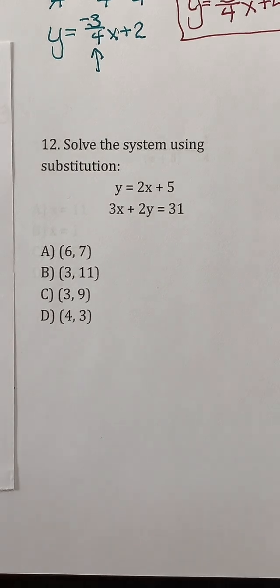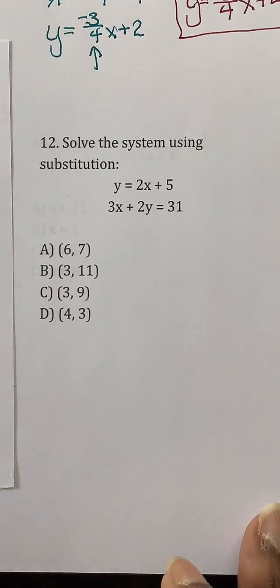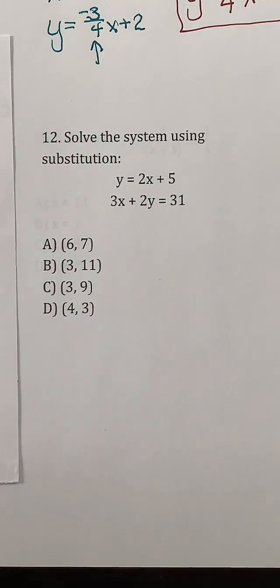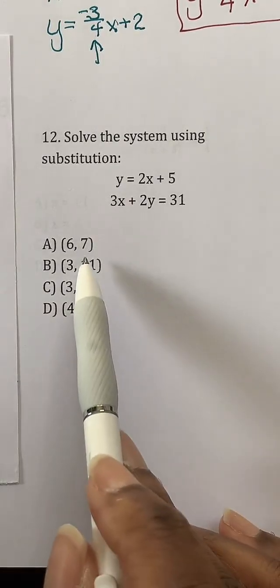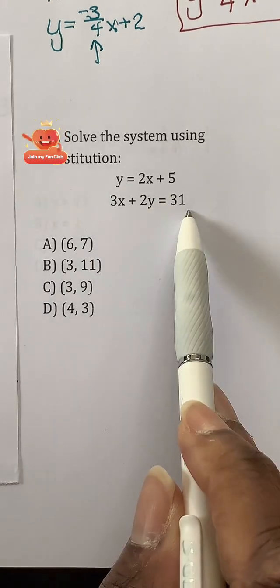All right, so now we can do, but here's a solving the system using substitution. Okay, yes, we could do elimination. Yes, we could graph this, but sometimes you just have to get right down to the nitty gritty. If I was taking a test, because I'm lazy, I'm waiting for people to say something about problem number A. I would take my ordered pairs and I would plug them into the original equation.